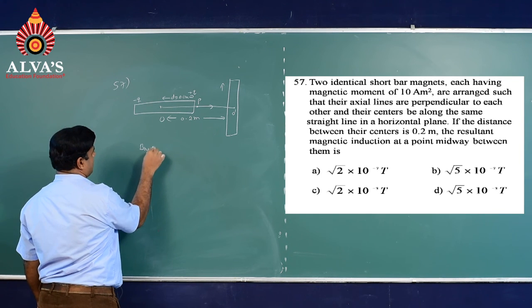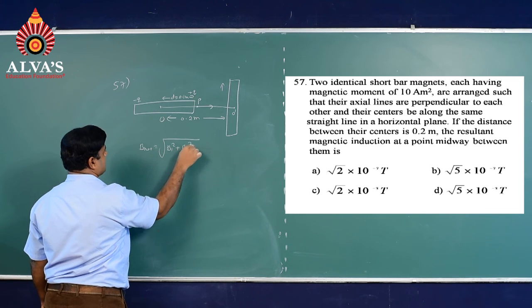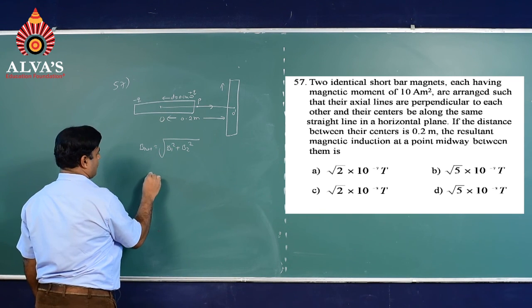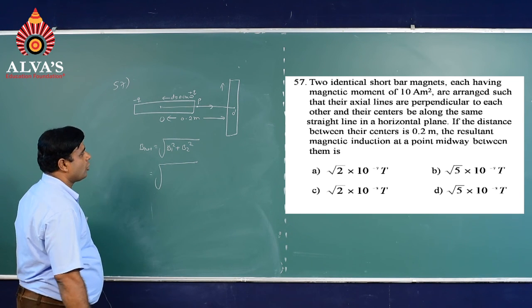Therefore, net field is root of B1 square plus B2 square. For one it is the axial point, another it is the equatorial point.